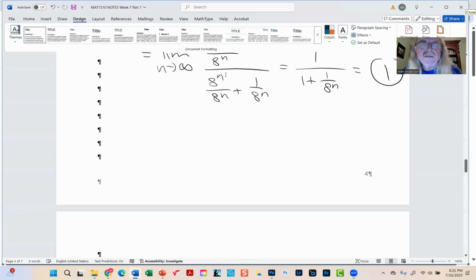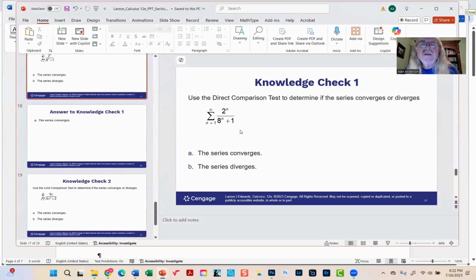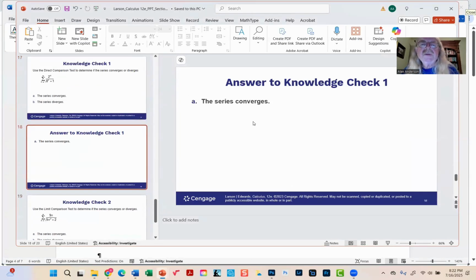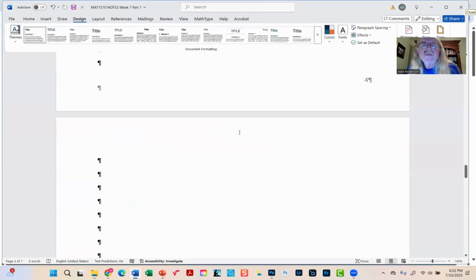All right, so I started to think what knowledge check number 2 is. Oh, wait a minute. All right, well, this one has a square in it. So I think, let's see, what do they want us to compare this with?